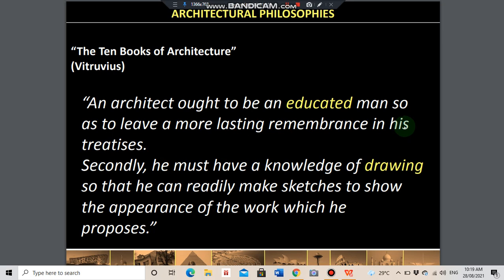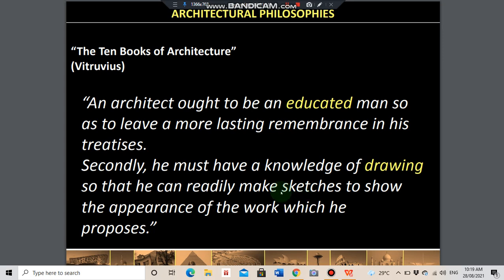So kahit na wala na tayo sa mundong ibabaw, yung iyong gawa or yung iyong design na man-made structure or the buildings will become permanent, magiging legacy na pwedeng gamitin ng mga susunod na generation.